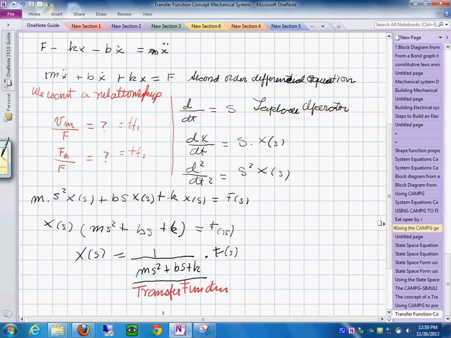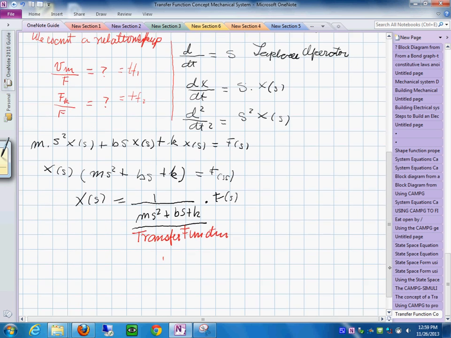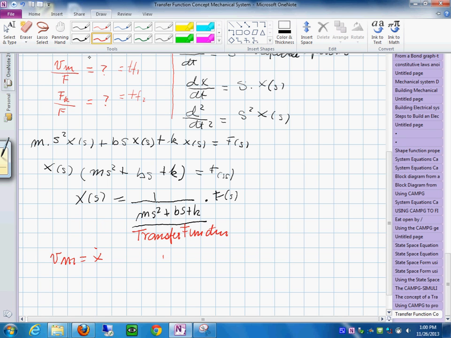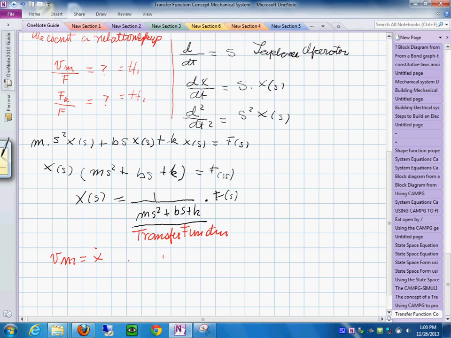Okay, so now that we have said, remember what do we want? The velocity of the mass. Velocity of the mass is equal to x dot. In this particular case, velocity of the mass equals x dot.